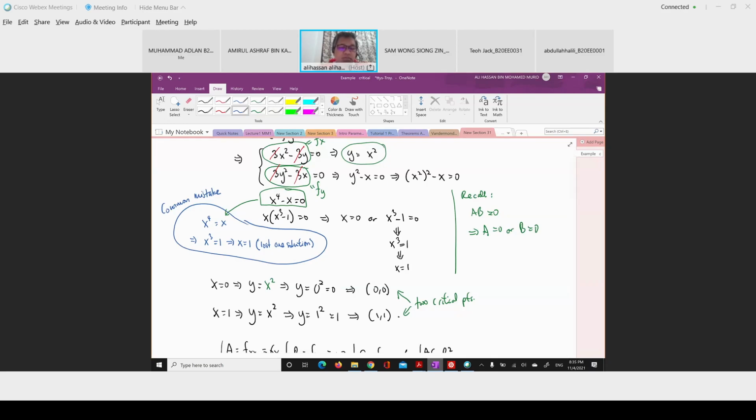So you should do the factorization here, not divide both sides, because you will lose one solution here, which is x equal to 0.